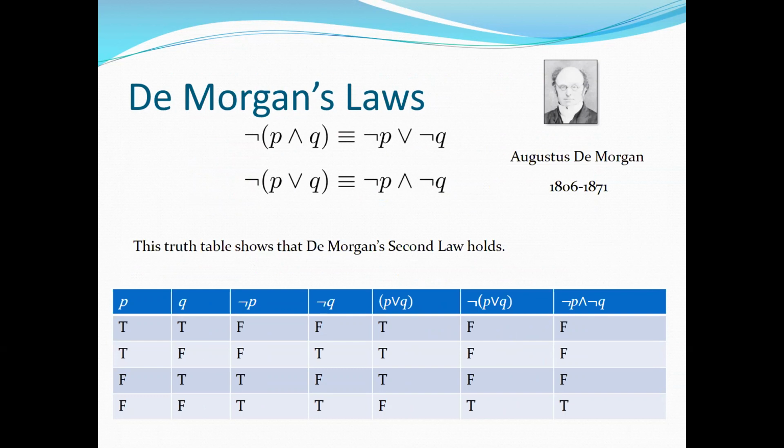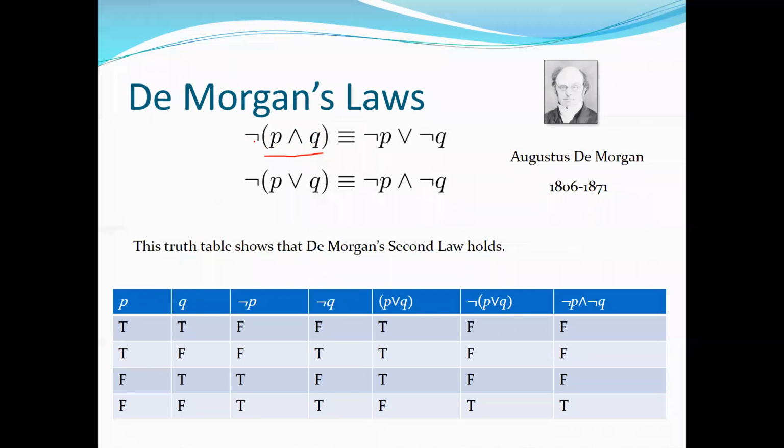So next, one of the favorites, De Morgan's law. We already know De Morgan. De Morgan's law says that if you have the proposition P and Q with the negation on the whole, in brackets, you can always distribute the negation.